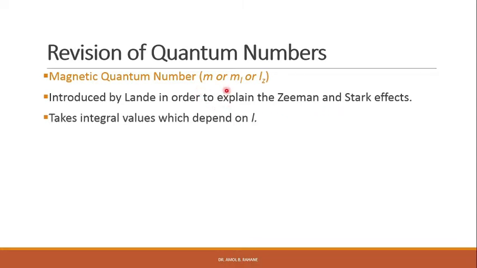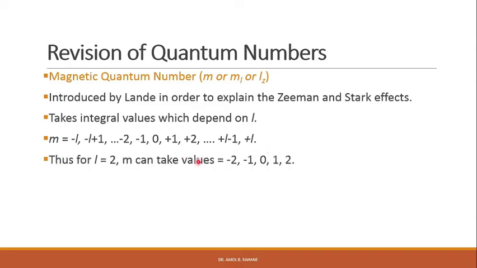So, it is denoted by m and it takes integral values which depend on l. The number of orientations possible for orbitals in a given sublevel l is equal to 2l plus 1 and can have values from minus l to plus l. That means, it takes 2l plus 1 values.